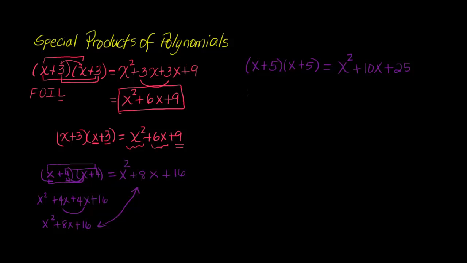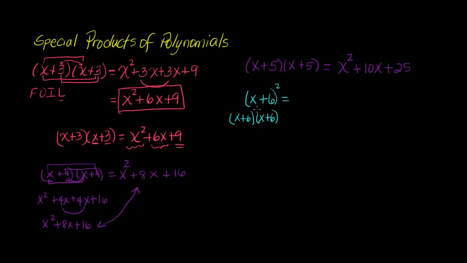Here is another example. What if I write x plus 6 squared? Well, this is also a twin because x plus 6 squared is the same thing as x plus 6 times x plus 6.